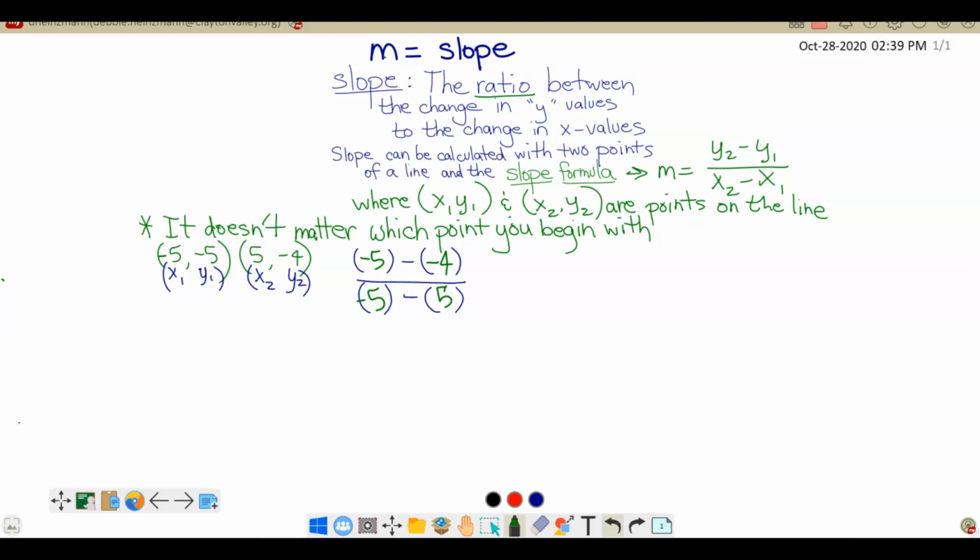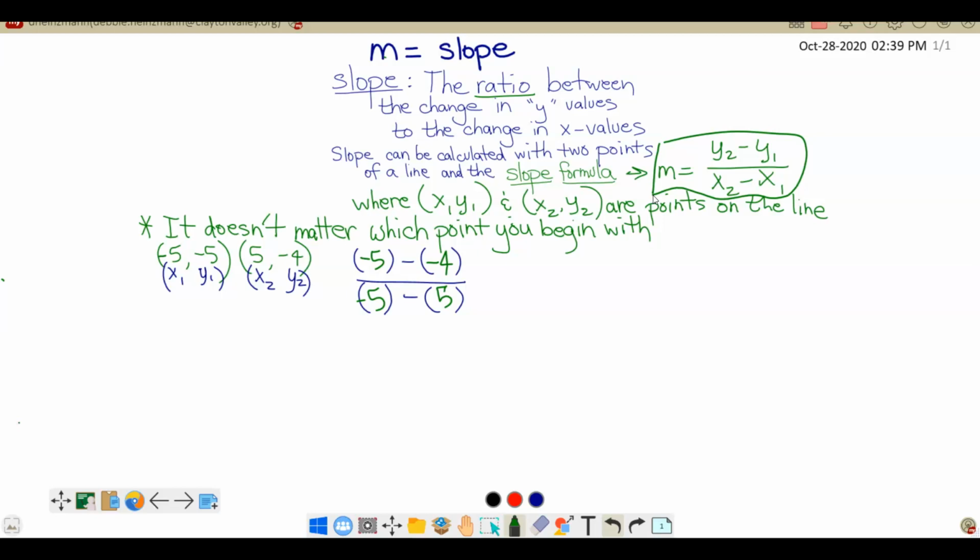And here is the slope formula written down: m equals y2 minus y1 over x2 minus x1, where (x1, y1) and (x2, y2) are points on the line.